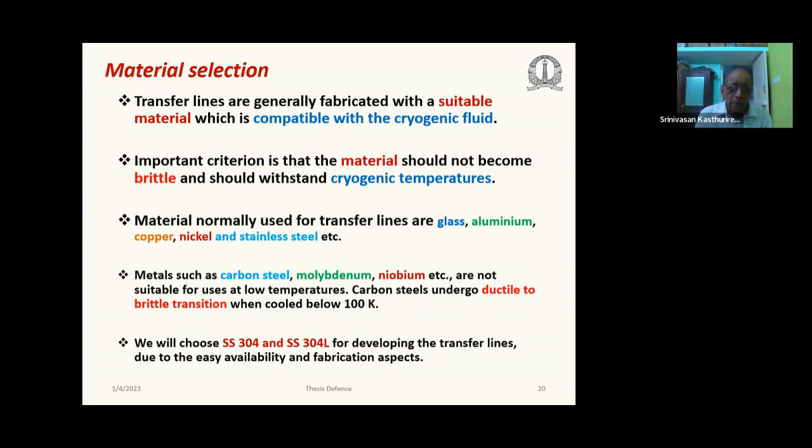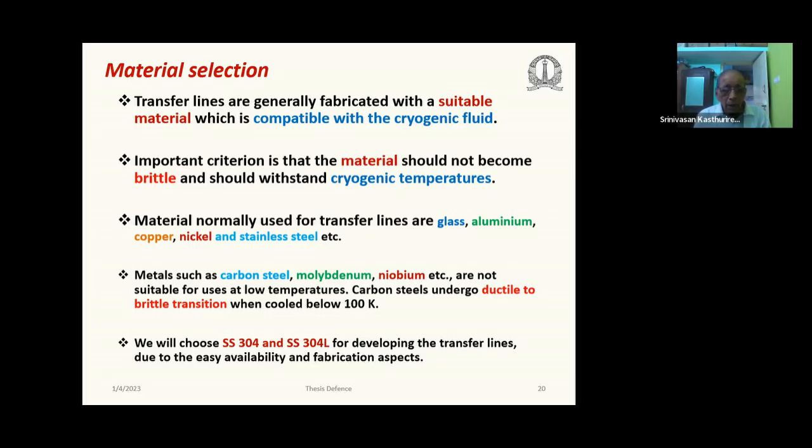The main important criterion is that the material should not become brittle and should withstand cryogenic temperatures. So what are the normal materials generally used? They are aluminum, copper, nickel, stainless steel, etc., and also glass for small sizes of transfer lines. You can think of glass, with one inner line carrying the cryogenic fluid surrounded by another line serving as a vacuum jacket.